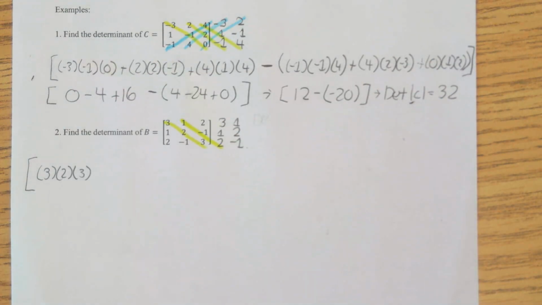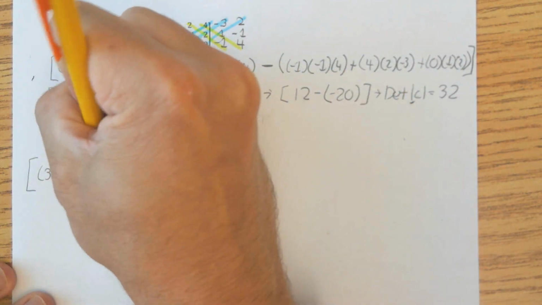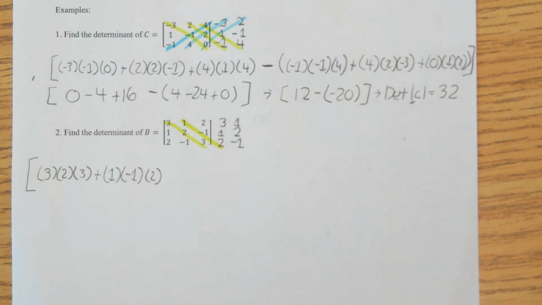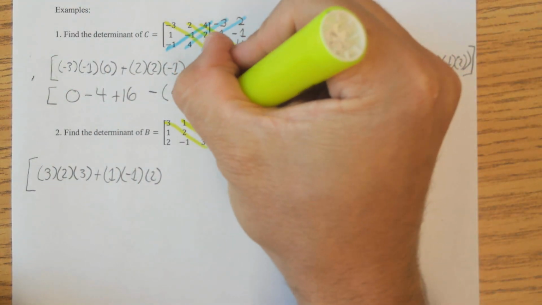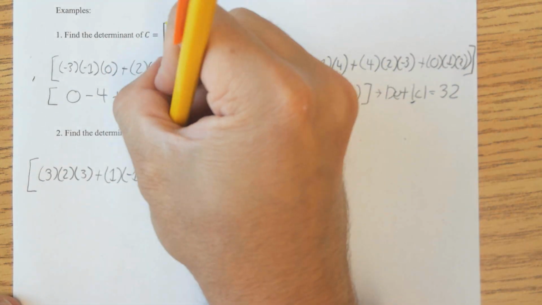I'm going to go 1, 1, negative 1, 2. One last top left to bottom right here, 2, 1, negative 1.